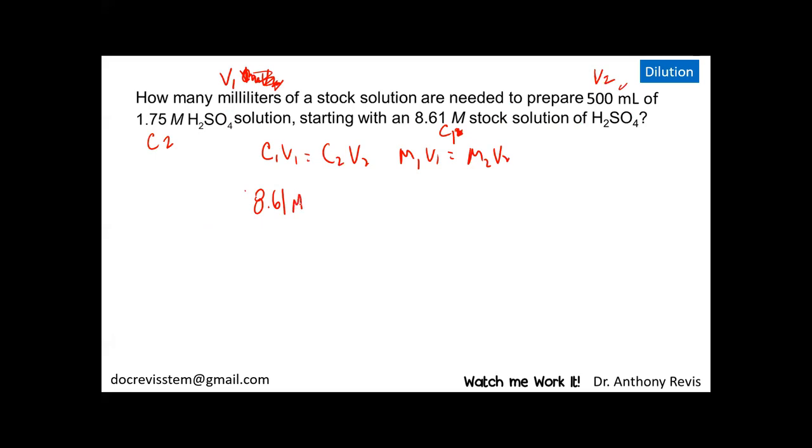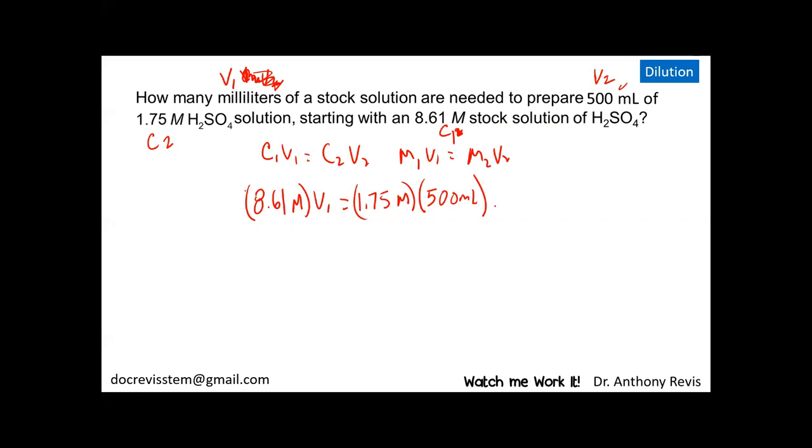So here, just watch it through, label everything up properly, and you'll be okay. Where's C2? 1.75 molar times V2, 500 mL. Since the units will cancel out, we're fine with putting in the milliliters. Since we're looking for milliliters, we don't need to convert.